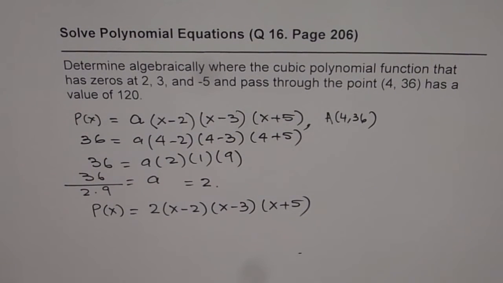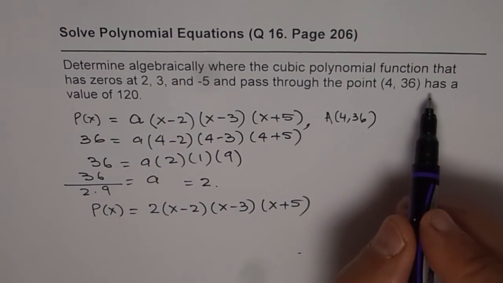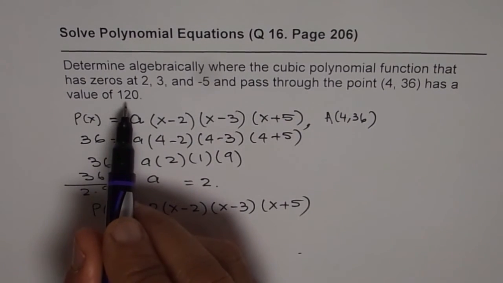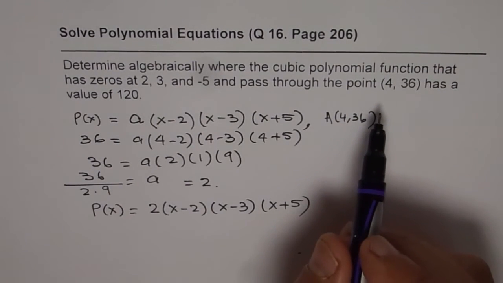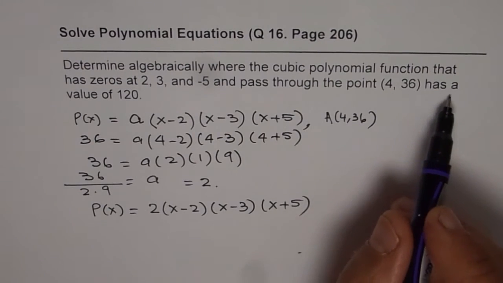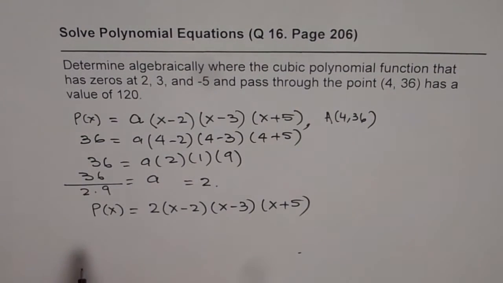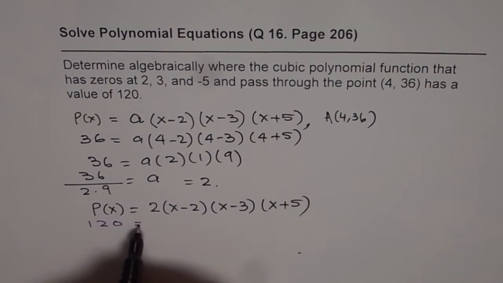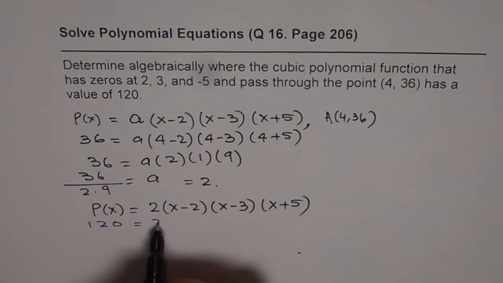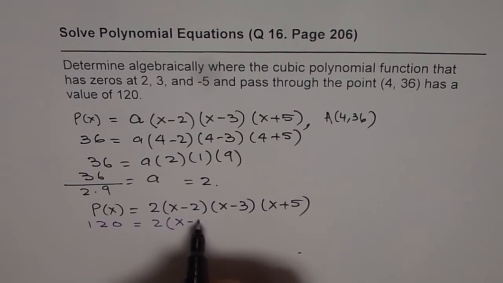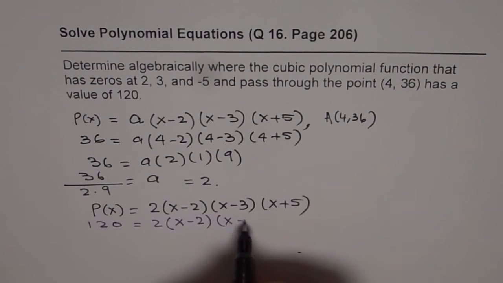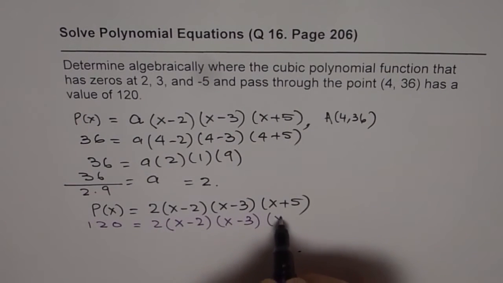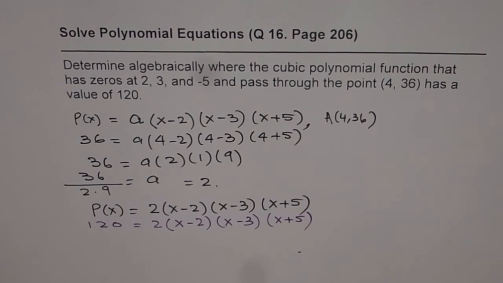Now let's look into the second part of the question: it has a value of 120. So we need to find the x value for which it has a value of 120. We can replace p(x) with 120 here and then try to find the x value. It is 2(x - 2)(x - 3)(x + 5).